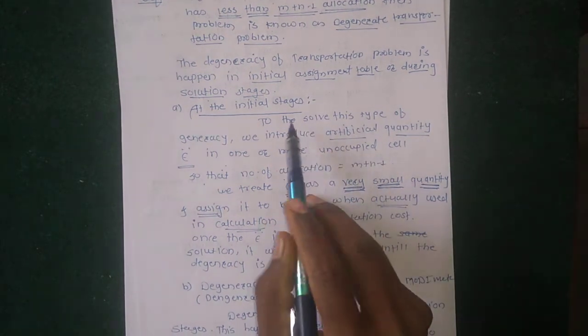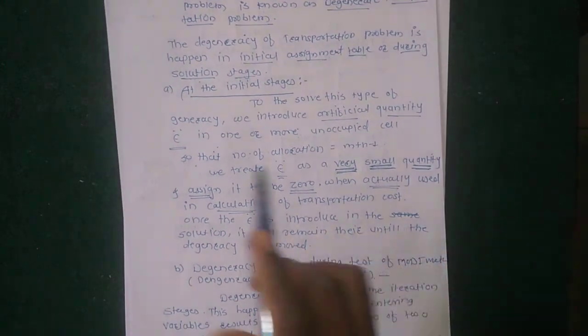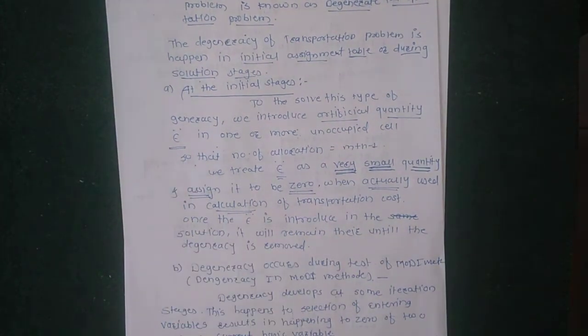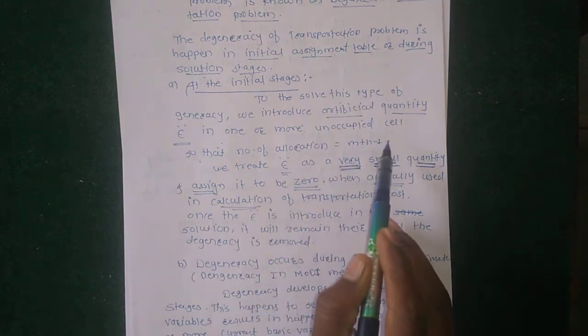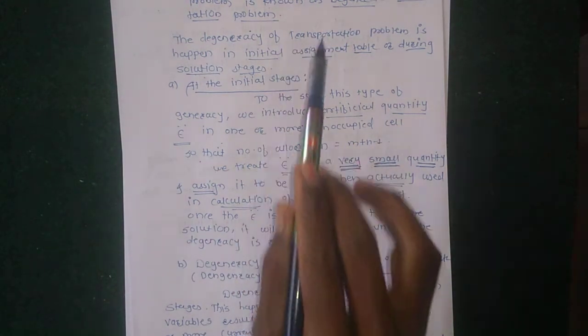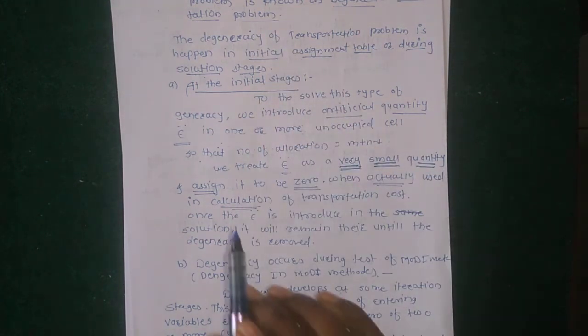At the initial stage, after finding the solution by VAM, NWCM, or least cost method, if allocations are less than m plus n minus 1, then we have to introduce an artificial quantity epsilon in one or more unoccupied cells. How many are needed depends on how many allocations are required for m plus n minus 1. If one allocation is required, then we introduce one epsilon.